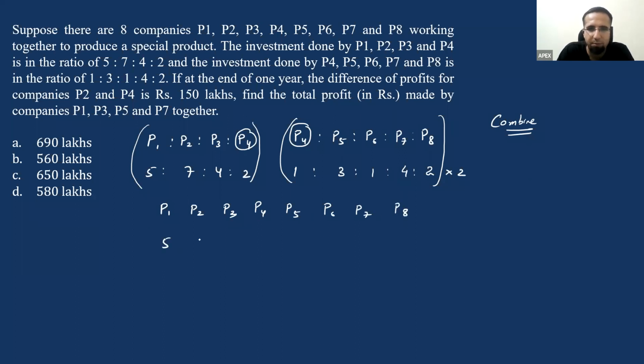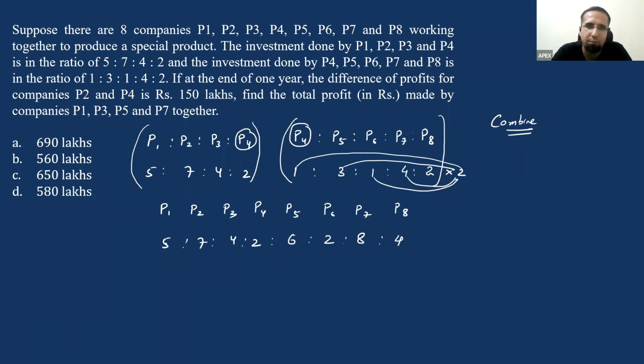So P1, P2, P3, P4 does not change. Now, if P4 is 2 already here, 2 into 1, that is 2. P5 will be 6, P6 will be 2, P7 will be 8, and P8 will be 4. This will be the ratio of their investments, or in short, this will be the ratio of the profit sharing of the company.